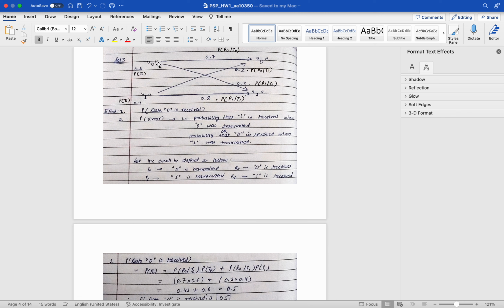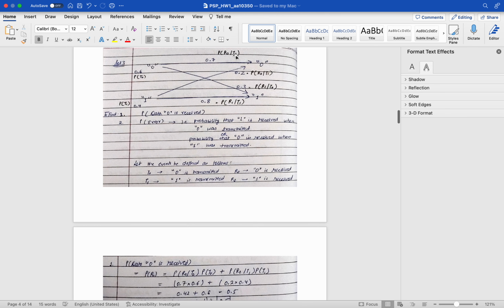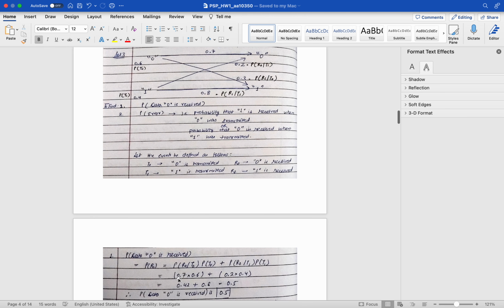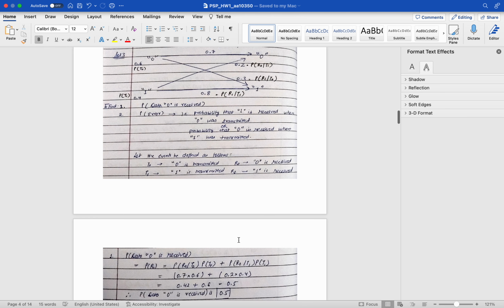Let's first see the first scenario, the probability that data 0 is received when 0 is transmitted. That will be equal to P of R0 given T0 times P of T0, which means the probability of receiving data 0 given data 0 is sent times the probability that data 0 is sent, which is 0.7 times 0.6.